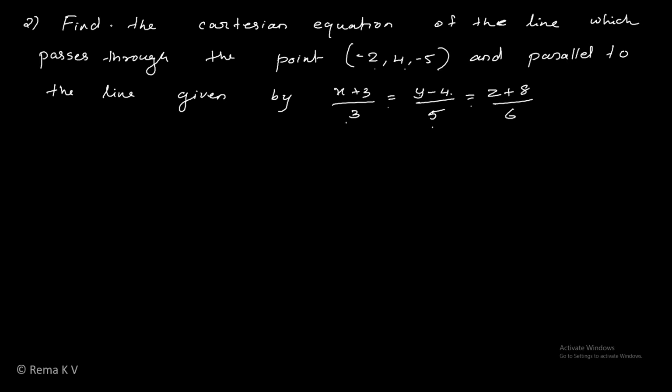Okay, see now in the question it is given that we have to write the equation of a line that passes through the point -2, 4 and -5. So what are these values? x1, y1, z1.